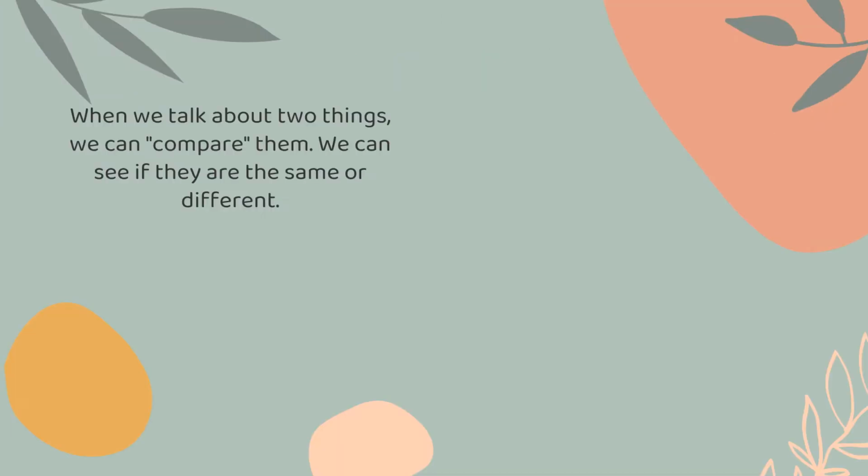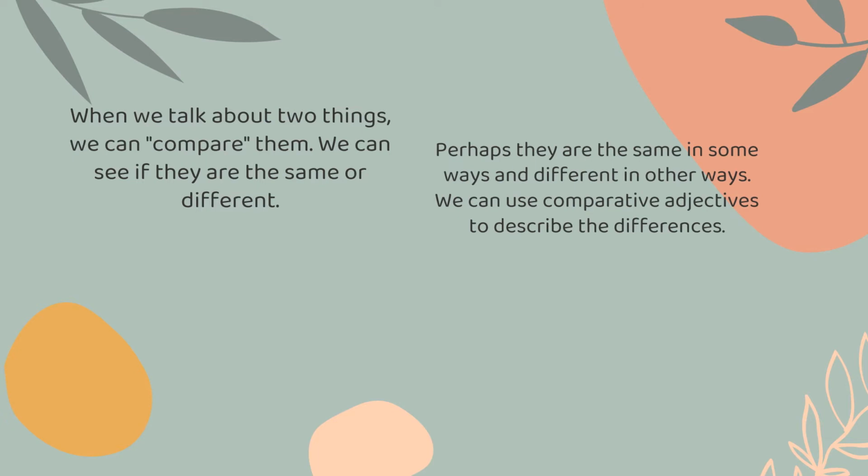When we talk about two things, we can compare them. We can see if they are the same or different. Perhaps they are the same in some ways and different in other ways. We can use comparative adjectives to describe the difference.